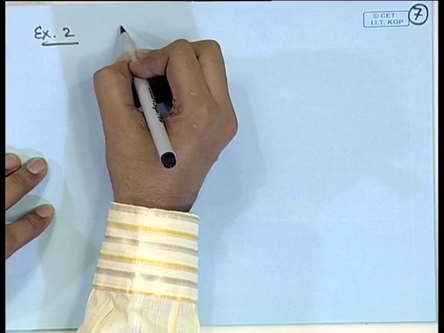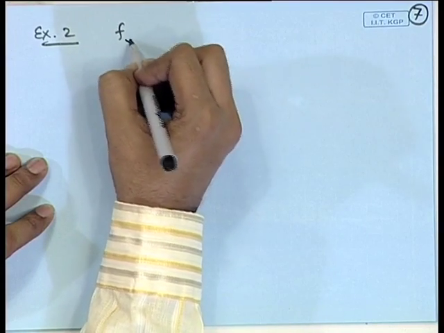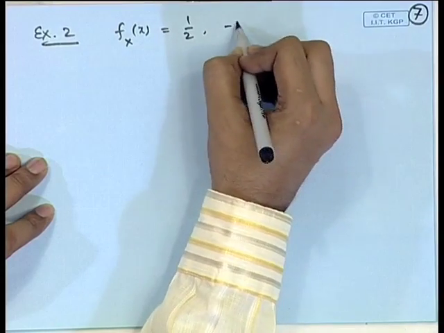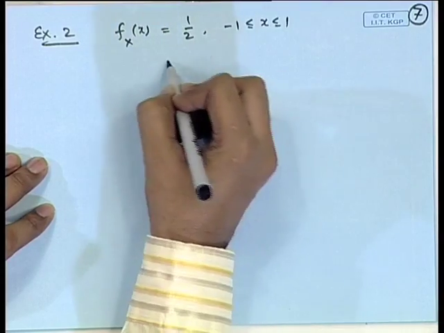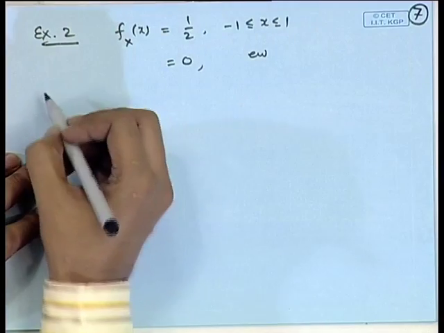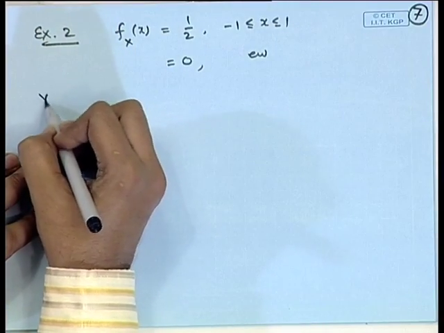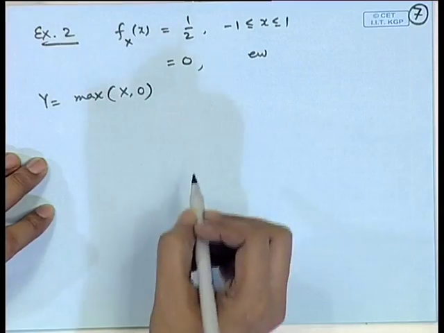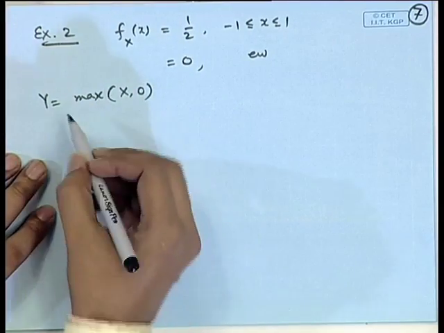Suppose x is a uniform random variable on the interval minus 1 to 1, and we consider the function, say, y = maximum of x and 0.